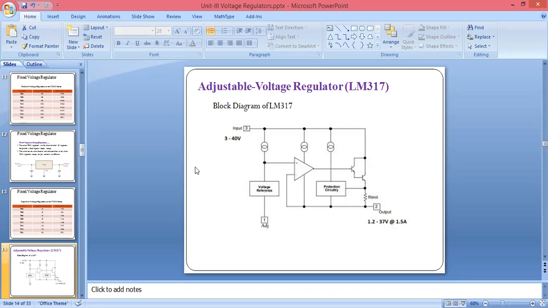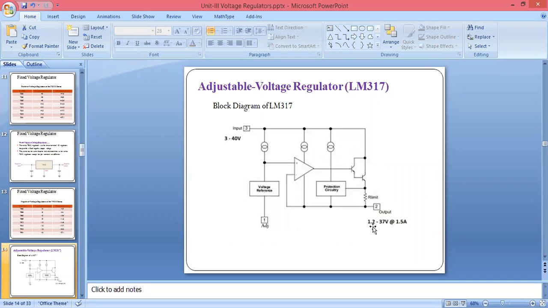If you see the circuit diagram, block diagram for the LM317, it will look like this. And what we are saying, by using the 317 or 337, we can convert voltage to a variable voltage. You can see here, input voltage is from 3 to 40 volt, and we can convert that voltage into a variable value, and we will get at the output 1.2 to 37 volt.